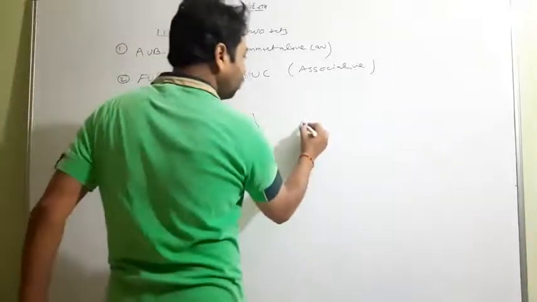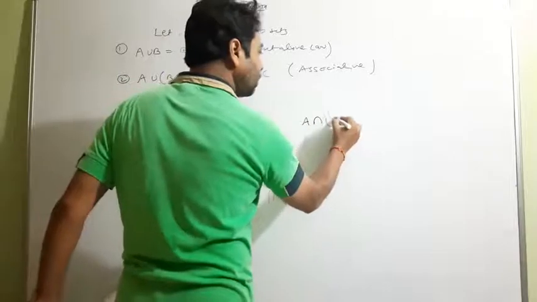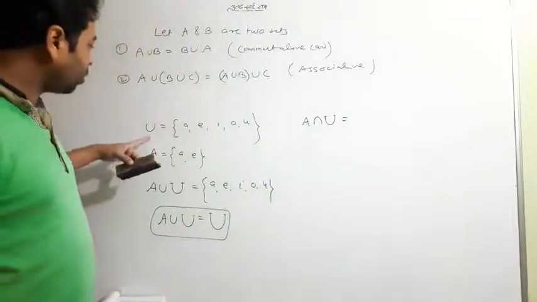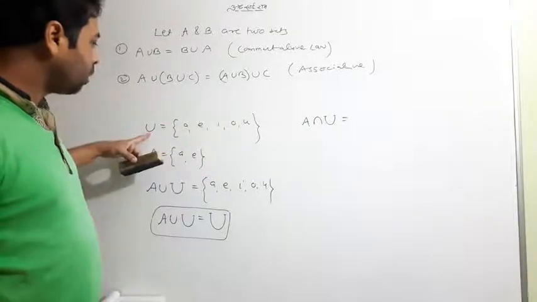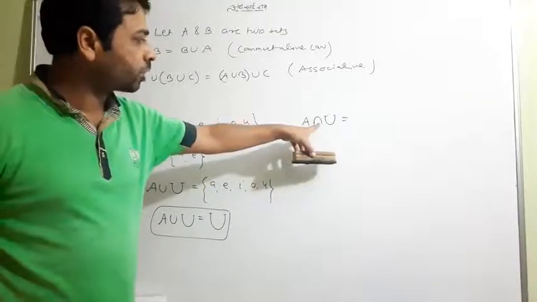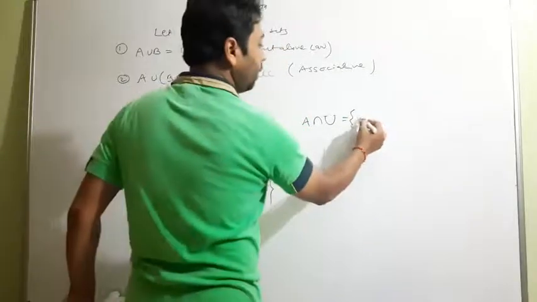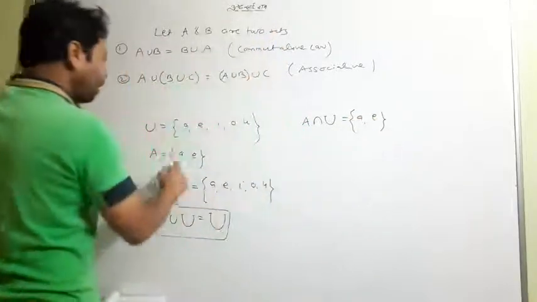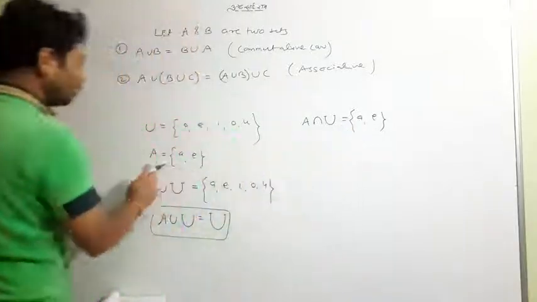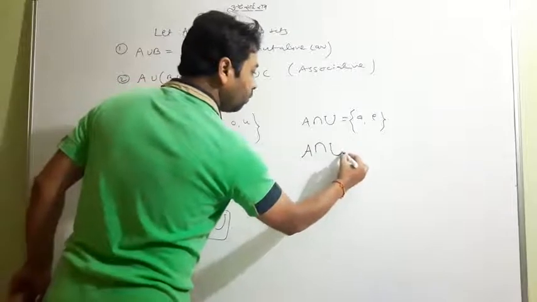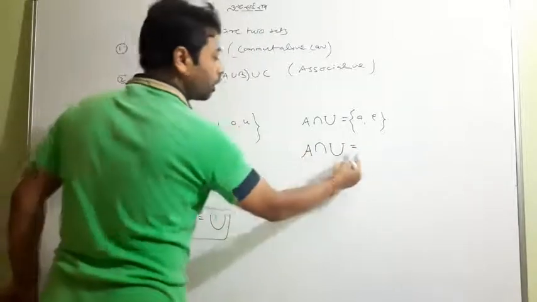And beside it, if you go with A intersection universal set, try to understand. Now in A intersection universal set, the common elements will be written because an intersection is coming. The common elements are A and E, which is A. So in case of intersection, the small set will come.